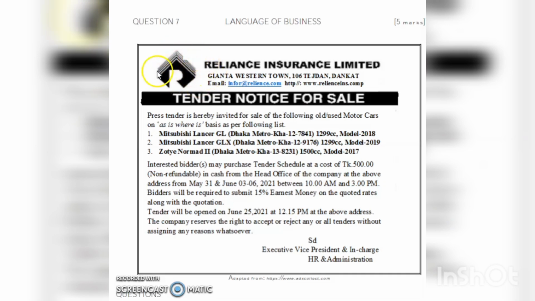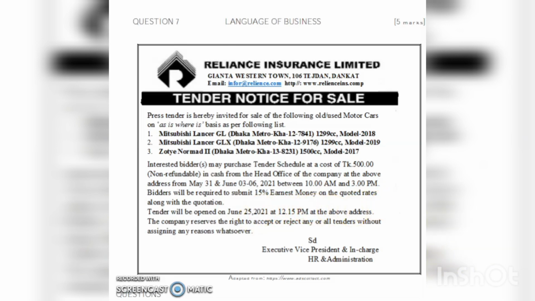You've got the logo, bold print, email addresses, listing, percentages. You've got verification of who's writing the tender notice. All these are features that you can identify before you look at the question. Even a timestamp is written, an address.